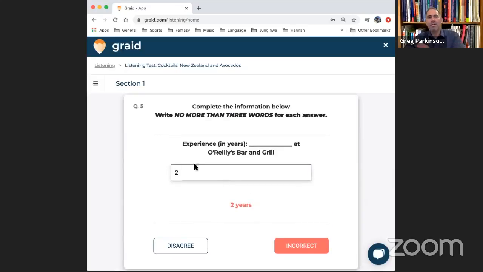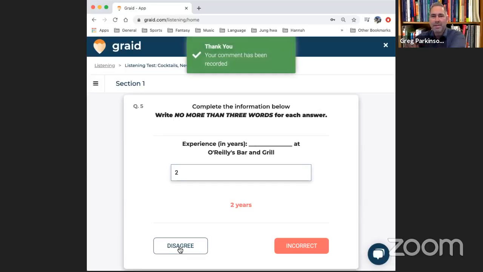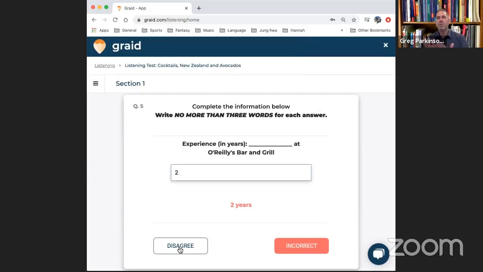Okay, when it has "in years" in brackets, I would say perhaps 2 would also be acceptable, because already years is given, we already know what we're talking about, the measure of time. So if the site does say you're wrong, then what you can do is you can click on disagree, and that'll send a message to the site manager, and they can review the answers to see that there aren't other possibilities.